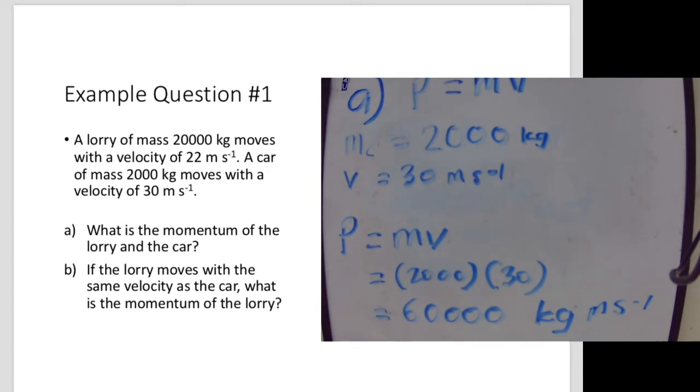So now you try. I've already found the momentum of the car. I want you to go ahead and try to find the momentum of the lorry, and then when you're done with it, go ahead and type your answer in the chat.